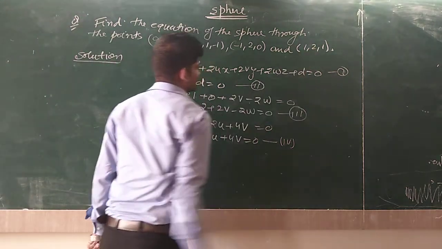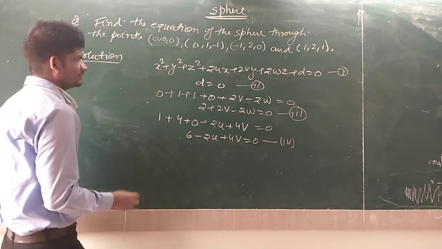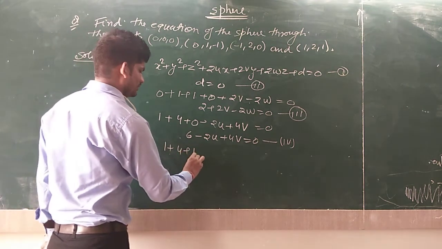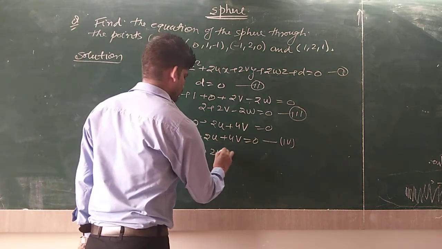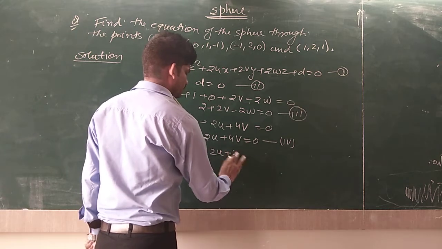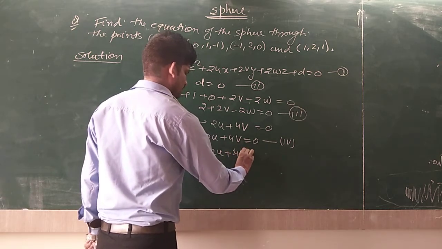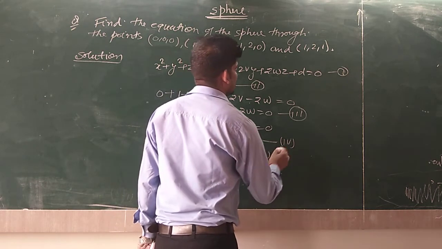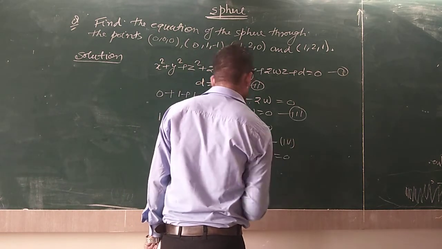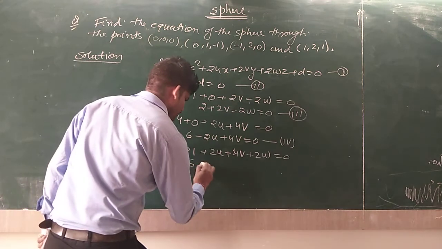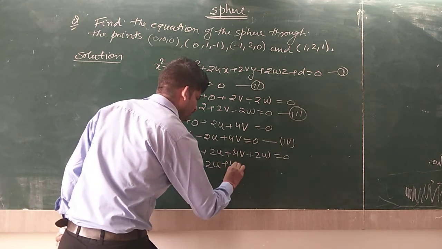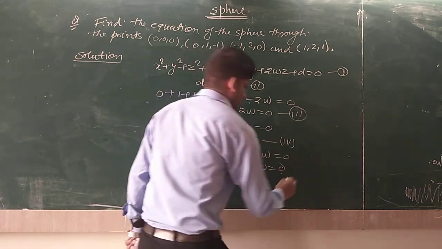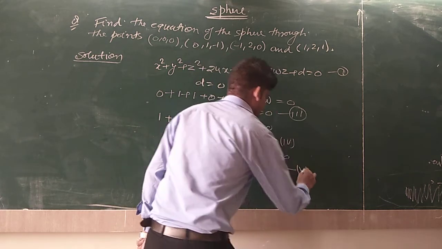And putting the last point in equation 1, we get 1, 4, 1, 2u, 4v, 2w, and d equal to 0. So 6 plus 2u plus 4v plus 2w equal to 0, and this is equation number 5.